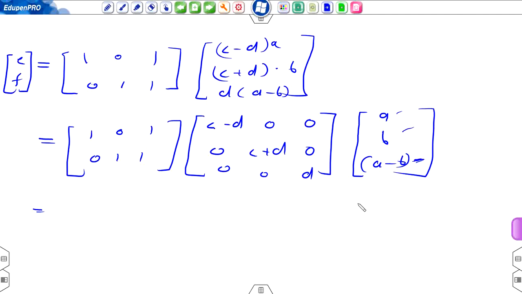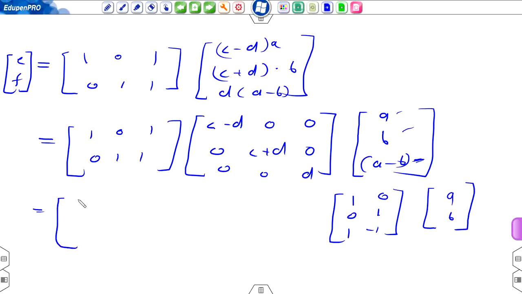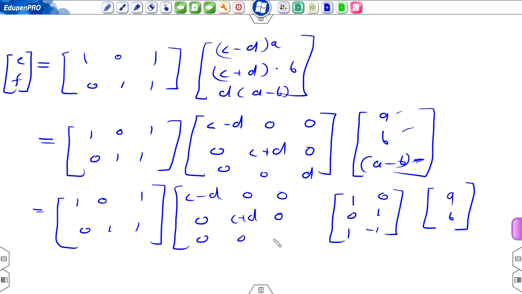So I can write this as 1 0 1, 0 1 minus 1, and this as simply A and B, and this as it is, like this.